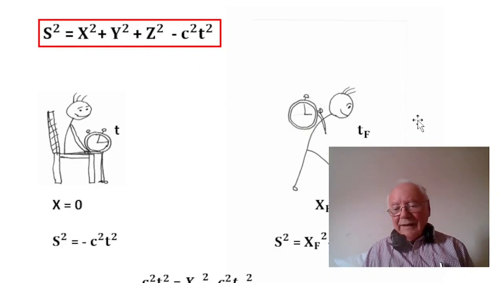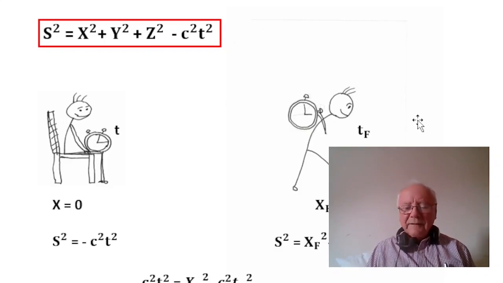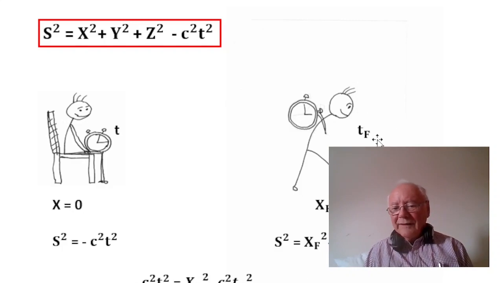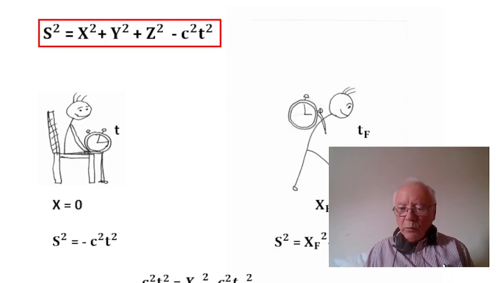Now I go to my friend. Now my friend, I can't assume for the moment that the time on their clock is going to be exactly the same as mine, so I call it TF, the time of the friend, and they're going to measure the distance that they're moving away from me, XF. For me, X is 0, but for my friend, there's a certain X that they're measuring as they're moving away from me, with their time, which they're measuring on their clock.